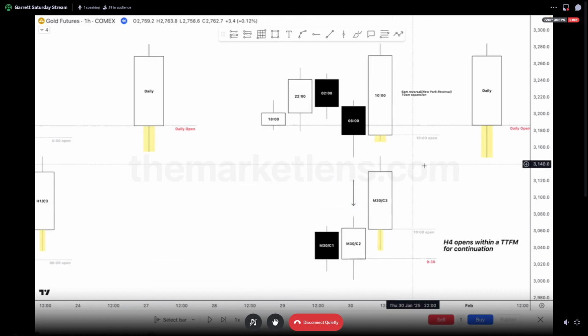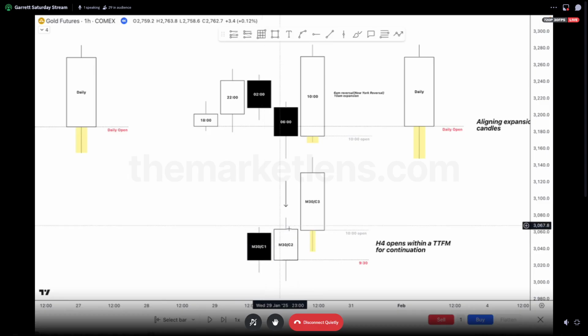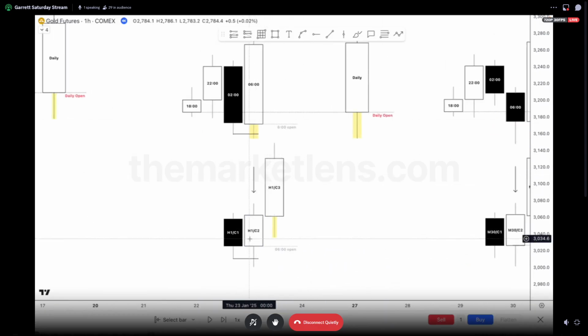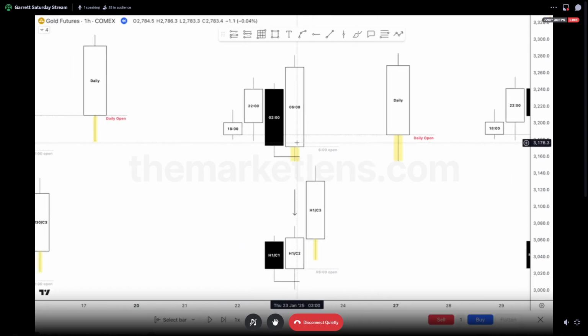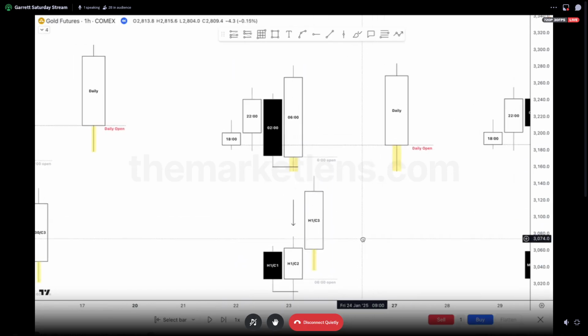Here, you open up and it already forms, but you have to wait for this fractal model to actually form. Same thing, you're aligning expansion candles. The only reason you can trade this New York reversal is because you're trading within a 4-hour expansion candle. That's the only difference.